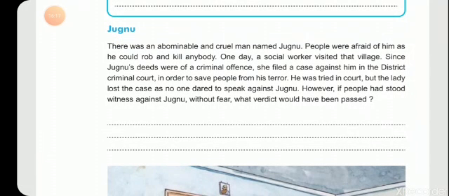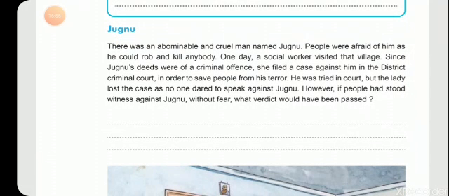One day, a social worker visited that village. Since Jugnu's deeds were of criminal offence in nature, she filed a case against him in the district criminal court in order to save people from his terror.